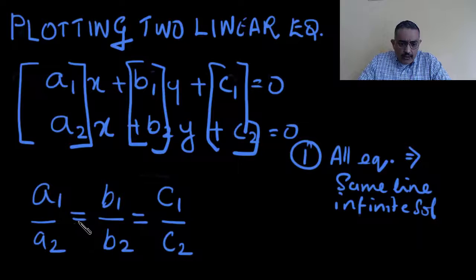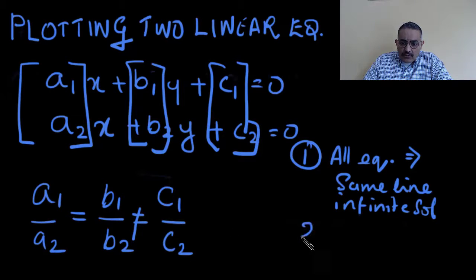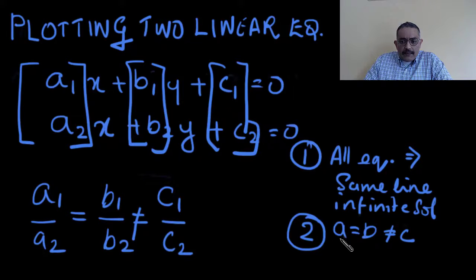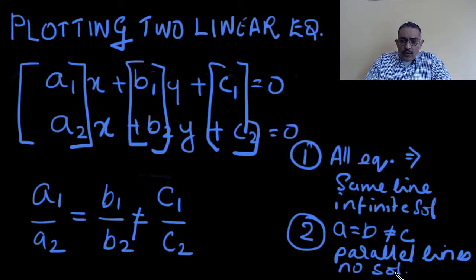All right, now if the proportion of coefficients A and B, A1 by A2 and B1 by B2, are equal, but they are not equal to C1 by C2, then we have case 2. A equal to B not equal to C. Then we get parallel lines, and no common solution, because the lines would not meet.